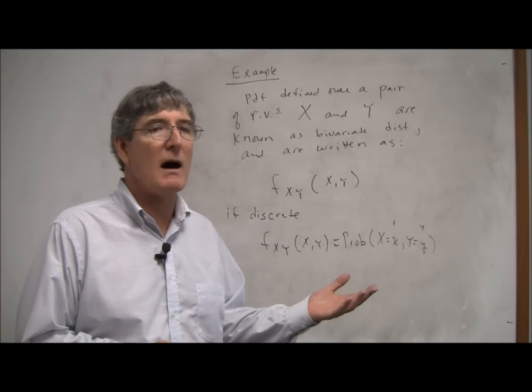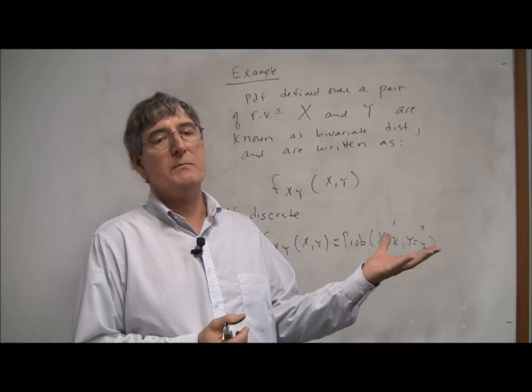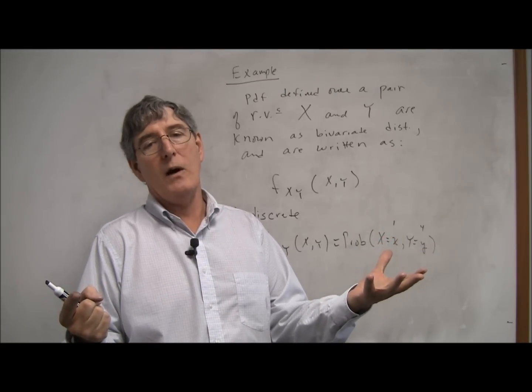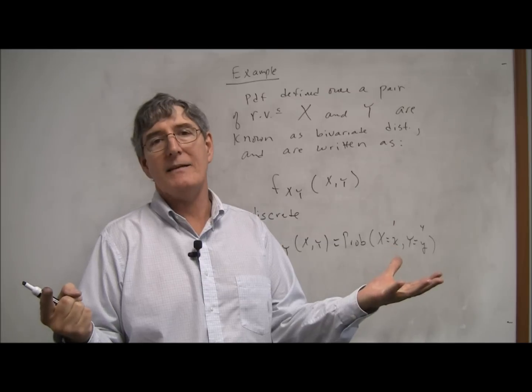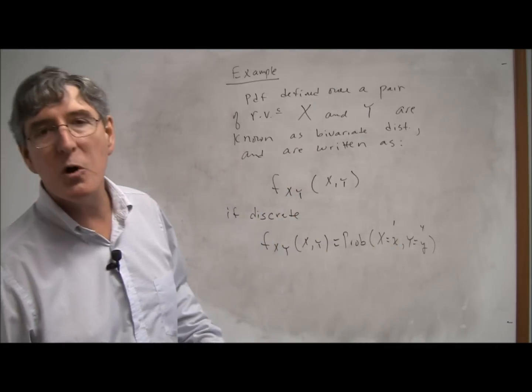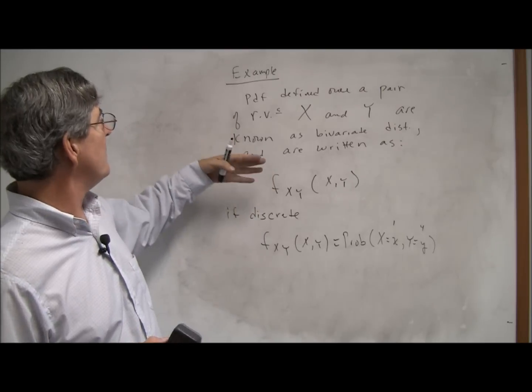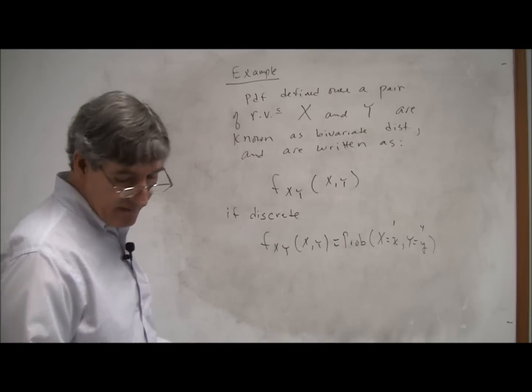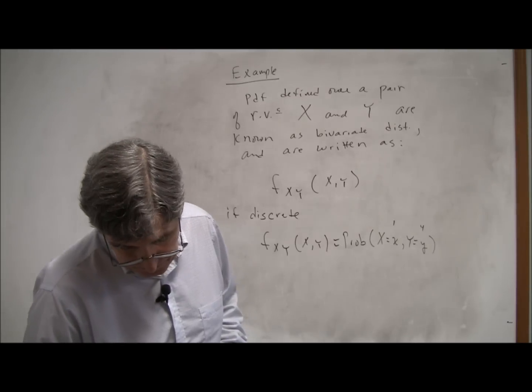And I could say, what's the probability that the spinner equals 1, the die equals 4, and the coin flip equals 0, or something like that. Those would be multivariate. So the generalization of a bivariate is a multivariate. But we're just worrying about bivariate because that's all we really need.